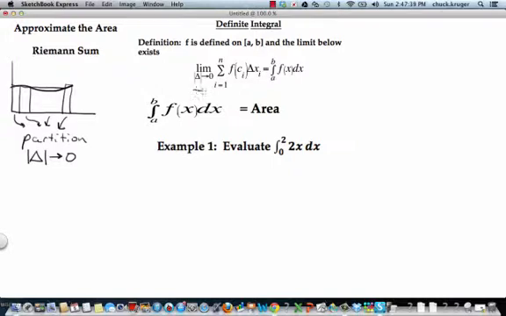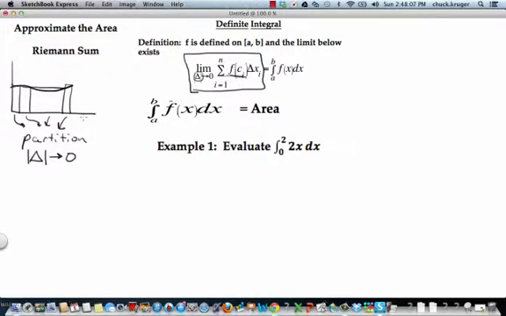So Riemann sums define the area under the curve slightly differently than what we do. First of all, this partitioning heading to 0 is like delta x heading towards 0. So these rectangle widths are getting smaller and smaller, but they could be of unequal length. And for each rectangle, you'll have a height, and that height is somewhere within that rectangle.